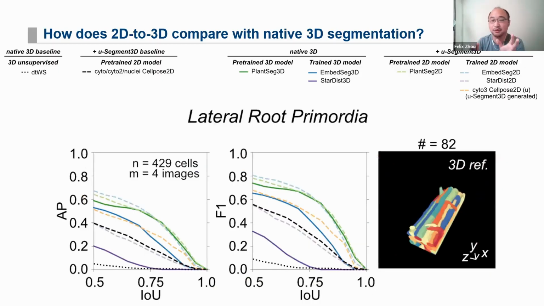And what we found remarkable was if you do the benchmarks, so here the dashed line corresponds to the 2D equivalent, the 2D U-segment 3D methods compared to its equivalent 3D. So the solid blue, for example, is the 3D lattice method, and the lighter blue and dashed is the corresponding 2D model of the U-segment 3D. And what you find is that actually for this sort of complicated shape, the 2D model always performs better, and it can perform significantly better.